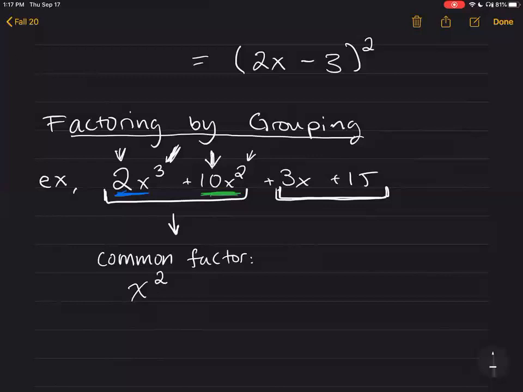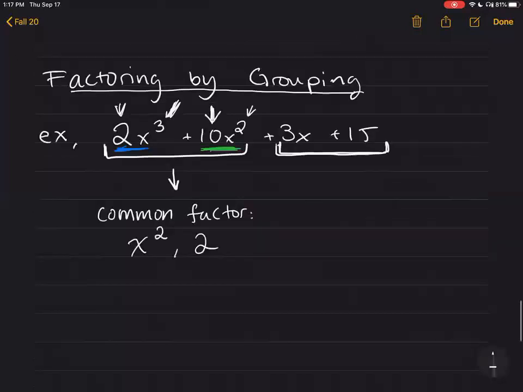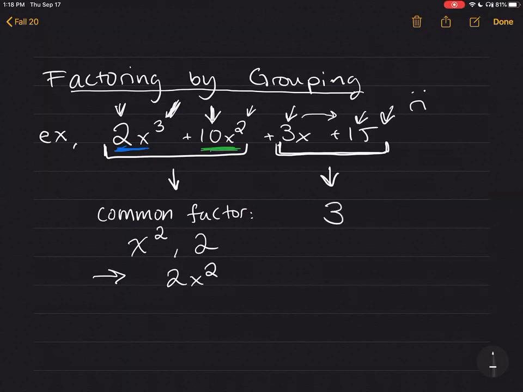So the common factors of x squared and 2 combine to 2x squared. And for this one here, this one doesn't have an x, so we can't pull out an x. But we see 3 and we see 15, and we know that 3 goes into 15. So they have a common factor of 3, right?